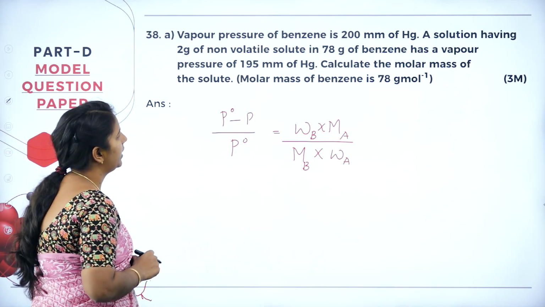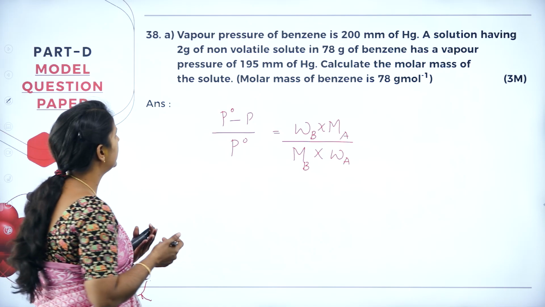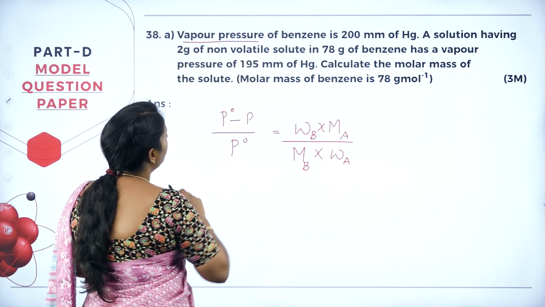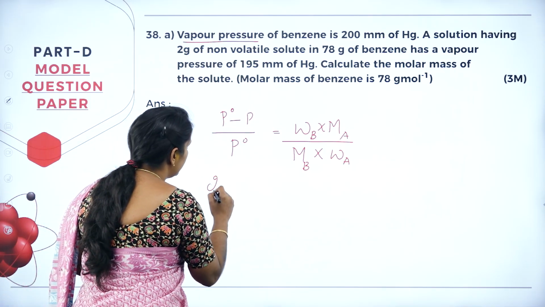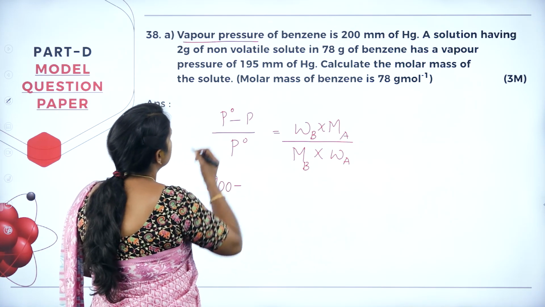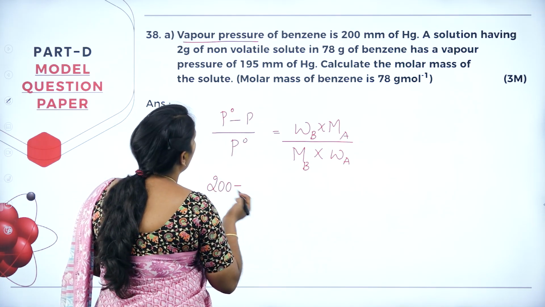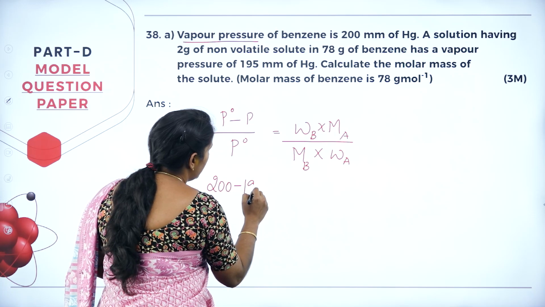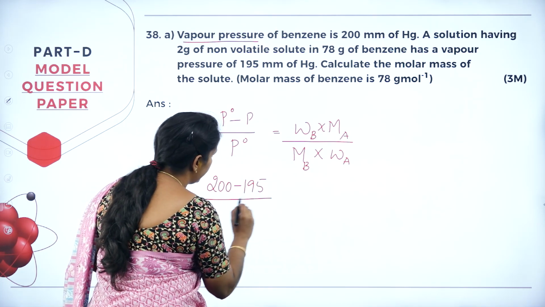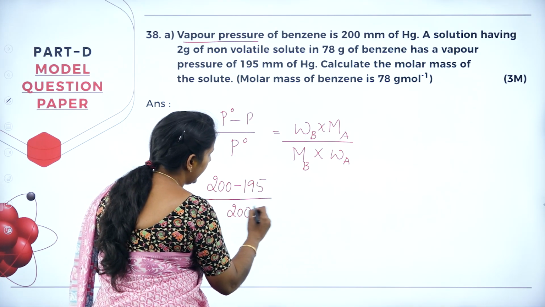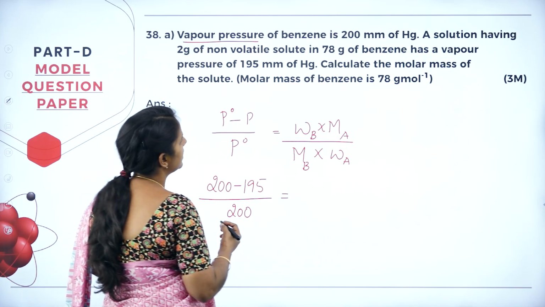So, what is P naught here? It is already given, that is the vapor pressure of the benzene, that is 200 minus, what is its pressure after adding the solute, that is 195, divided by 200 is equal to, what is WB here?